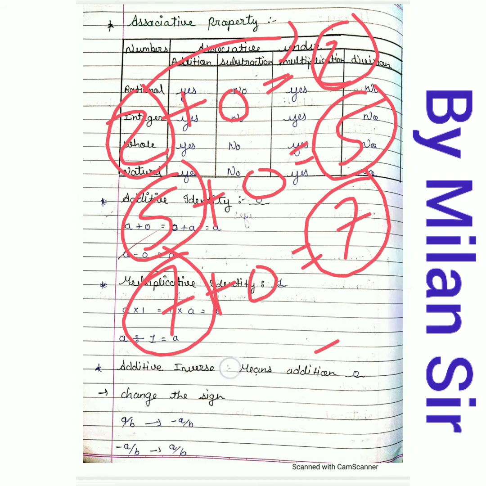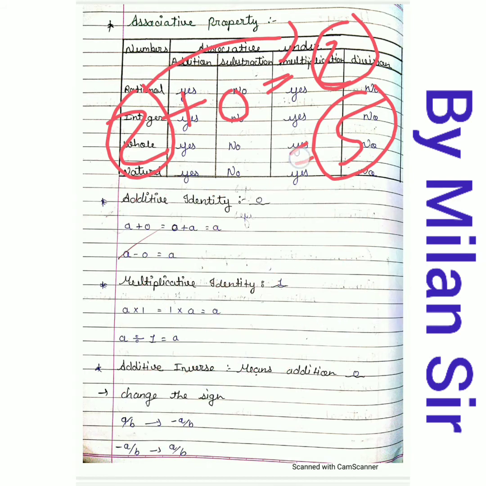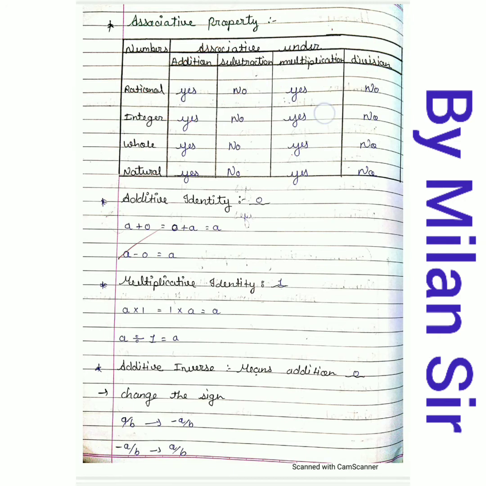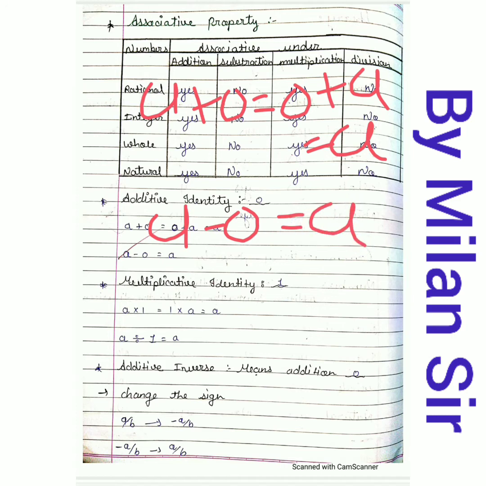Alternately, I have written here a plus 0, otherwise 0 plus a, you will get the answer as a, and a minus 0 is equal to a. One thing, if you do the process 0 minus a, then your answer is minus a.